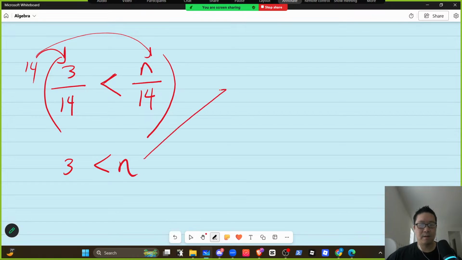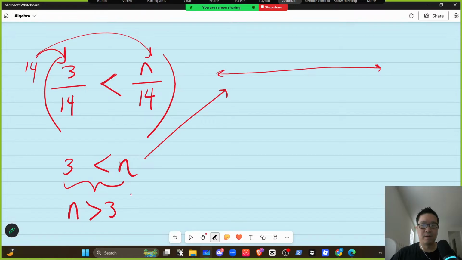And as a graph, again, it's 3. The proper way to write this inequality is with your variable on the left. So it would be n is greater than 3. On the graph, you would have 3, and then just point it in the direction of this arrow.